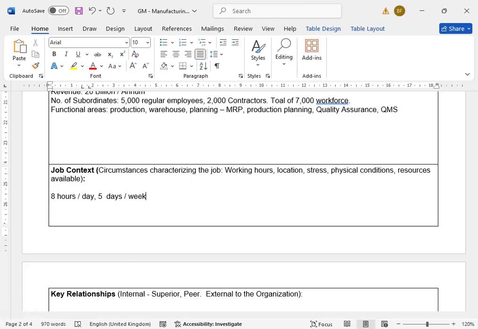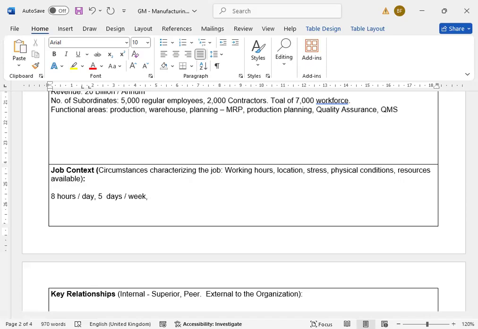Two days rest on the weekends, Saturday and Sunday. Usually this is the perk, the benefit that is always given to the senior positions. So do not give senior managers like a GM six days or seven days of work.